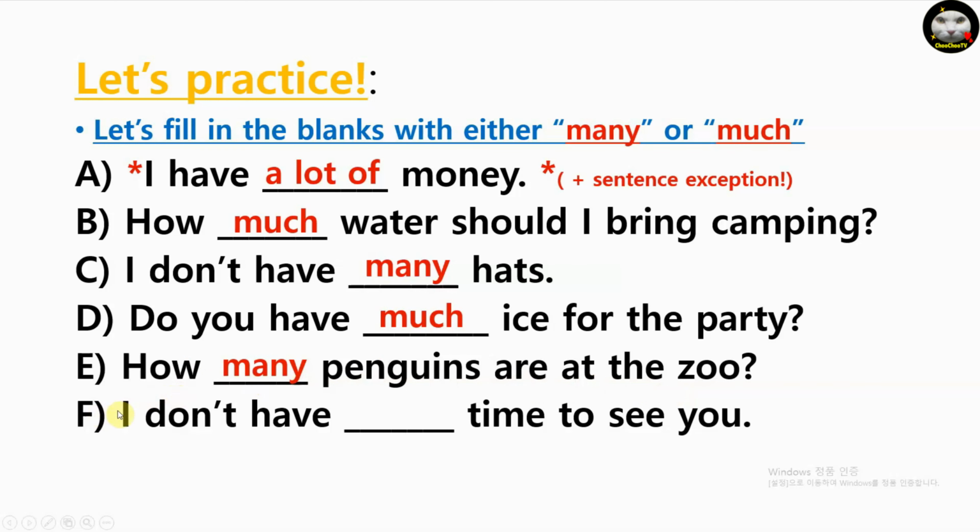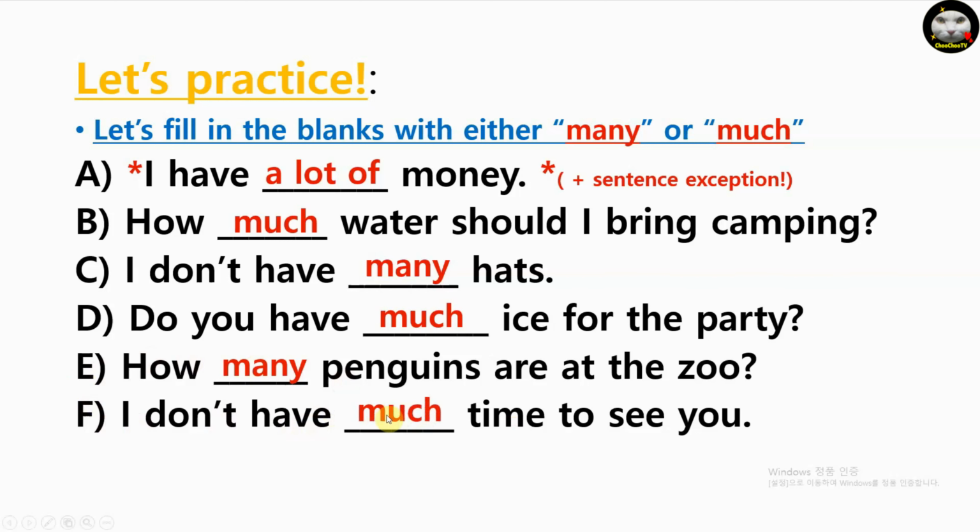F. I don't have blank time to see you. The word time is an uncountable noun when it talks about a clock, because the word time is counted in units of seconds, minutes, and hours. Now this is a negative sentence, so not an exception, and we use much.